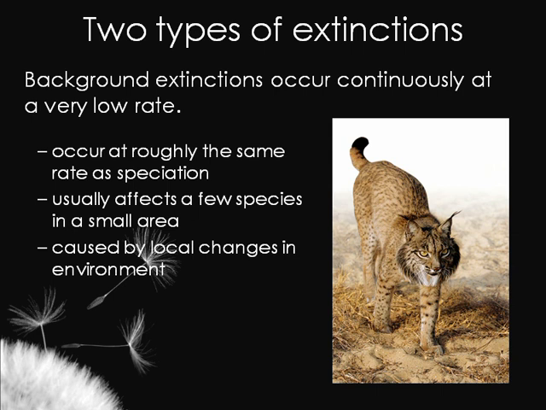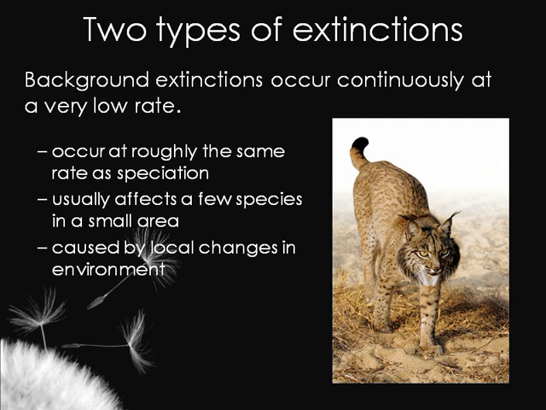These are the kind of extinctions that we know of for organisms like the dodo bird or the Galapagos tortoise, things that just, they're the only species that die at that time. But it occurs at roughly the same rate as speciation. These are caused by local changes. So a few species in a small area occur continuously, local changes.